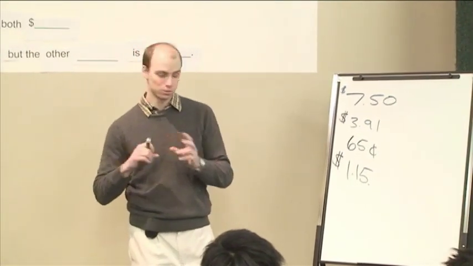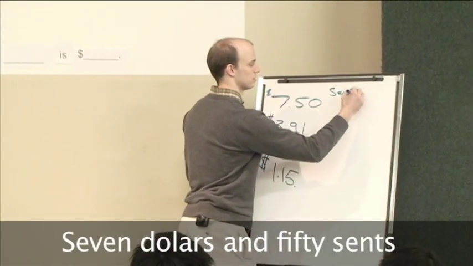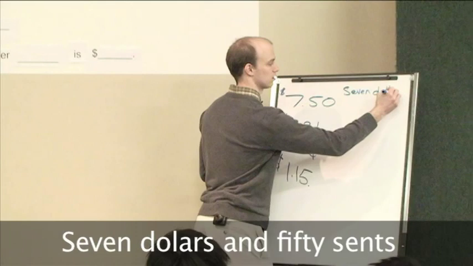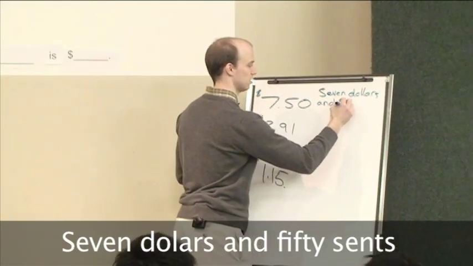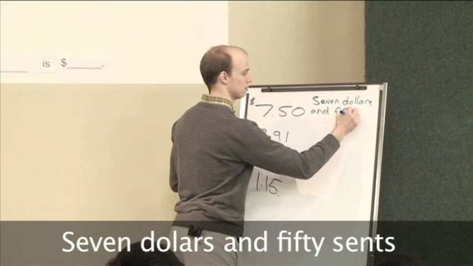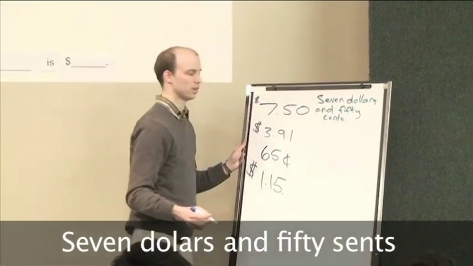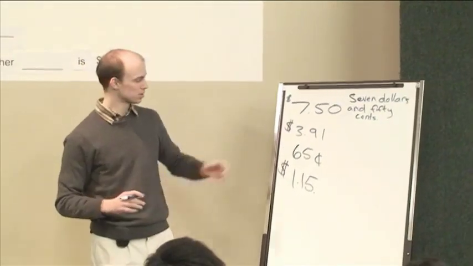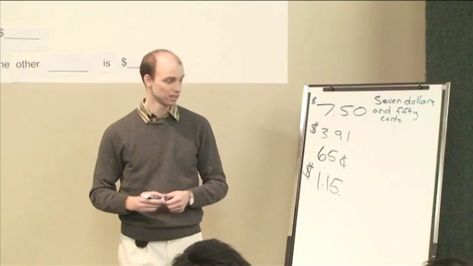Now, this is the one way. So we have $7 and 50 cents. Okay? There's another way that these words can be said that's actually a lot faster.